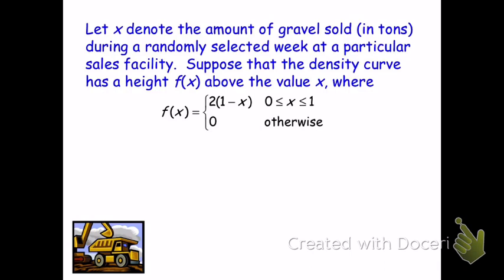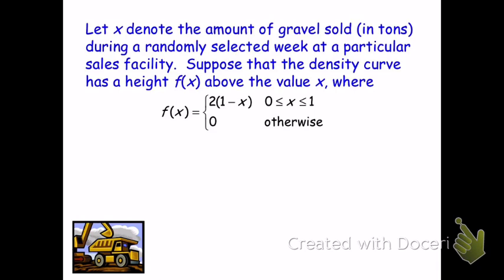Here's an example of a density curve that you might see, and it's a piecewise function. It says, let X denote the amount of gravel sold in tons during a randomly selected week at a particular sales facility. Suppose the density curve has a height f of x above the value x, and then it gives me my constraints.